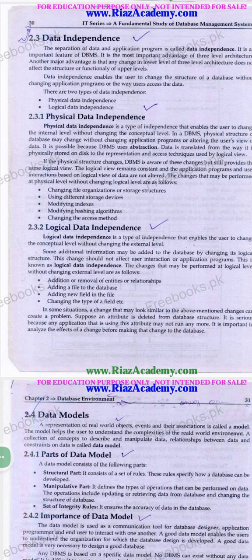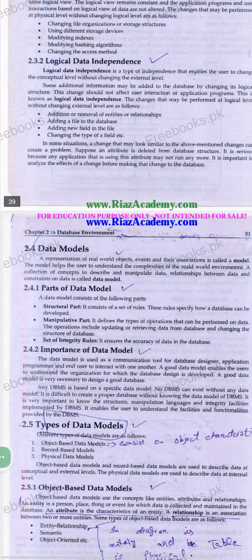Changing the type of field, and so on, if we change the attribute or type of attribute, it does not affect our external view. This is the concept of logical independence.